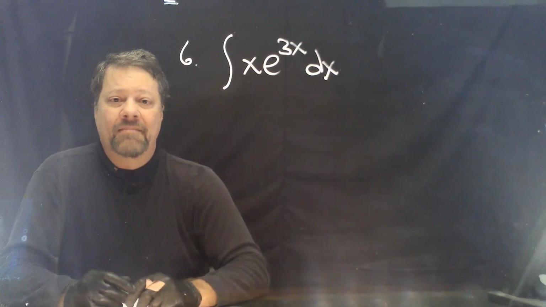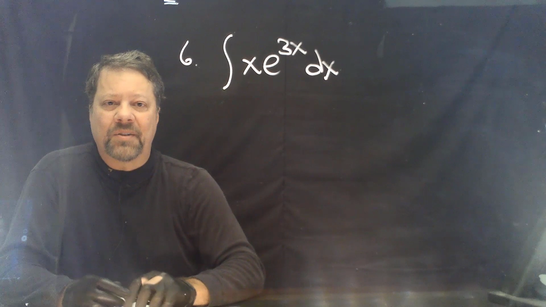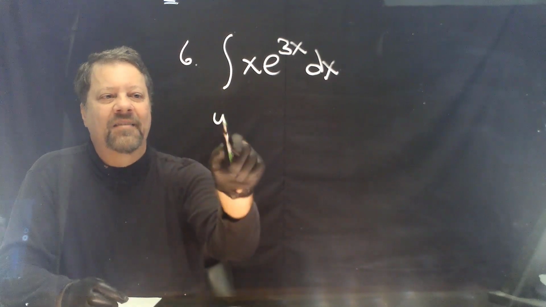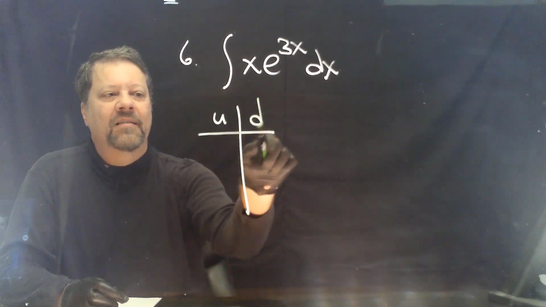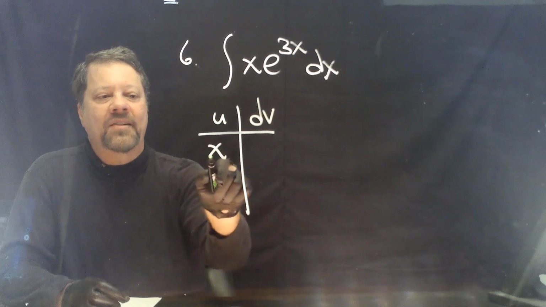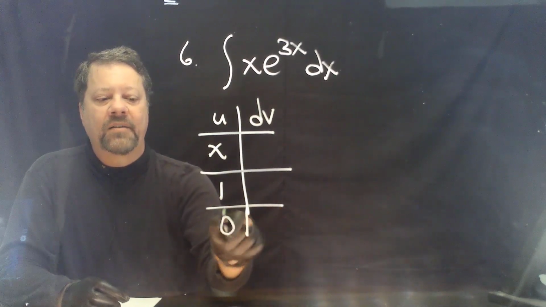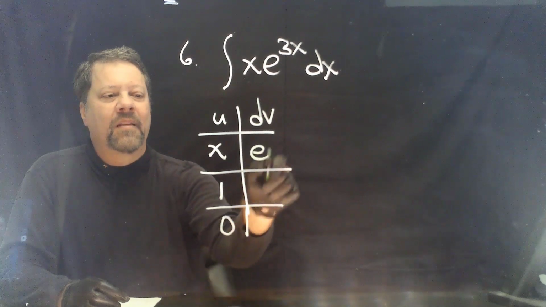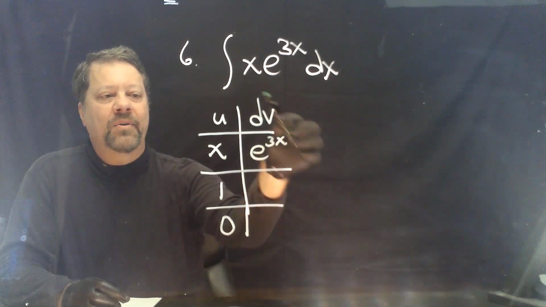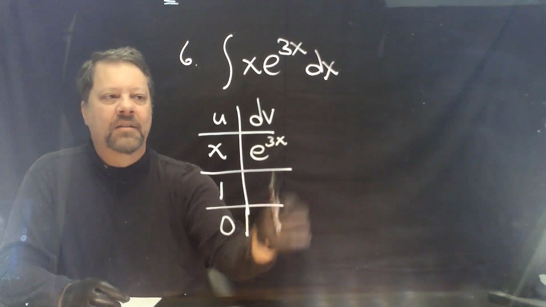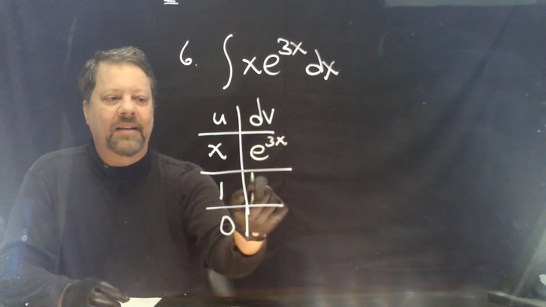I should mention that it's always possible to do these integrals by the tabular method. So x goes here, 1, and then you end when you get to 0. You have e to the 3x here. You differentiate down the first column, but you integrate down the second column.